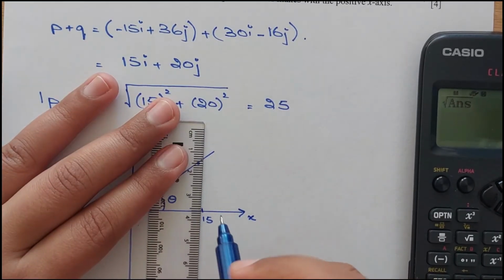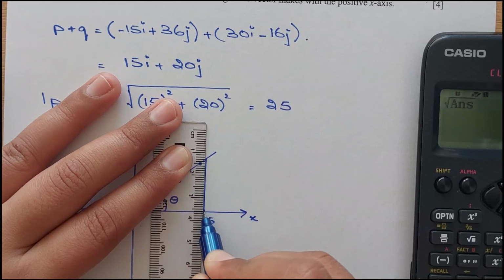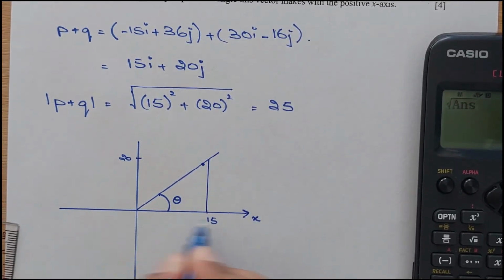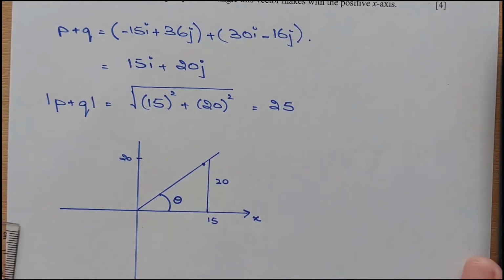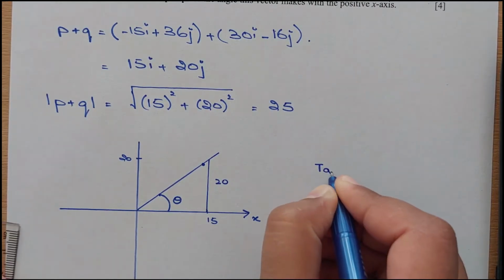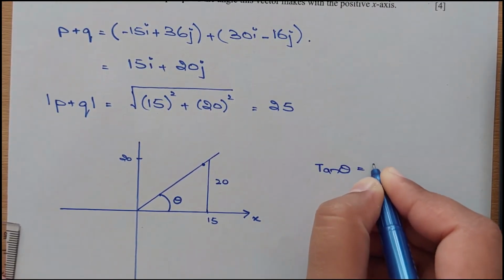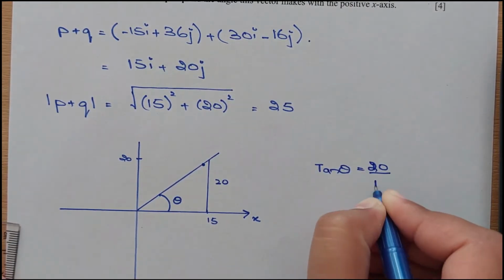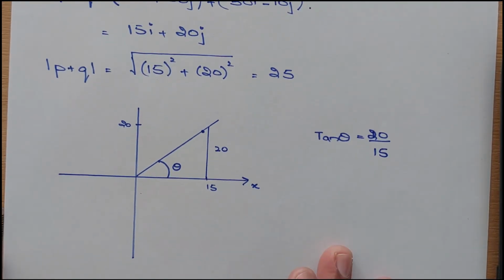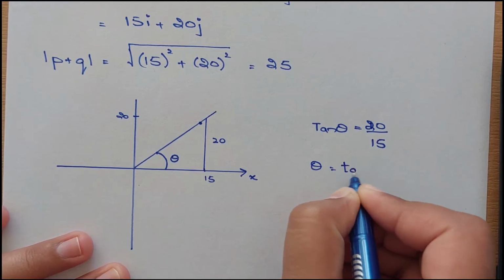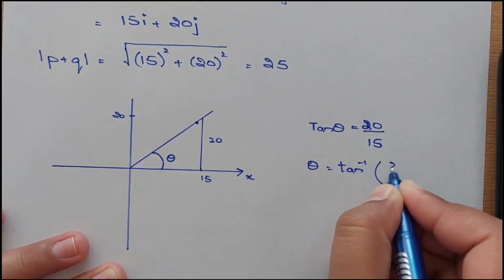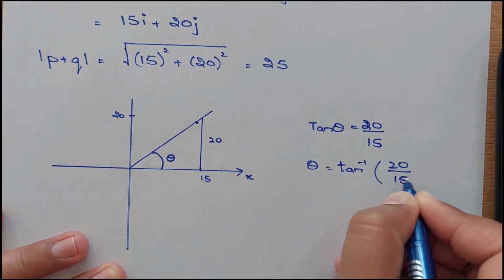Let me draw the right angle triangle here. Okay, so this is 15 and this is 20. So this is angle theta, the front side is opposite and this is the adjacent. So we have to use the ratio for tangent. So tan theta is opposite over adjacent, so 20 over 15, and theta is tangent inverse of 20 divided by 15.